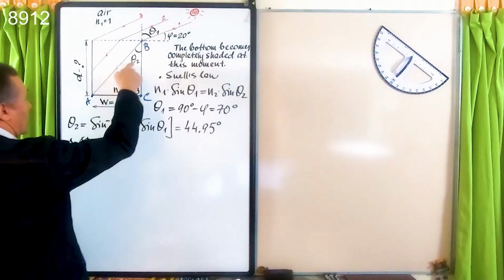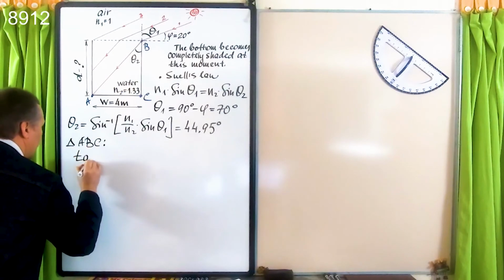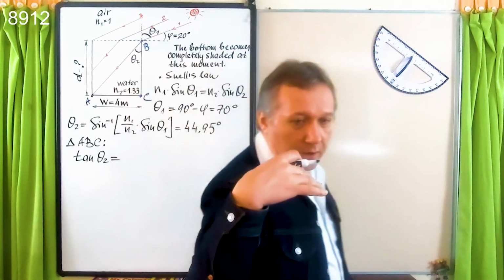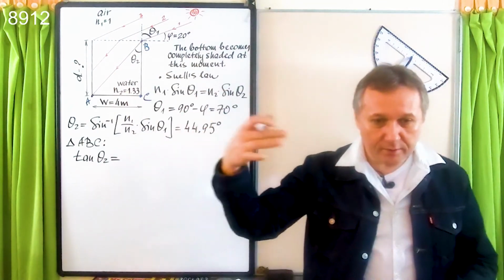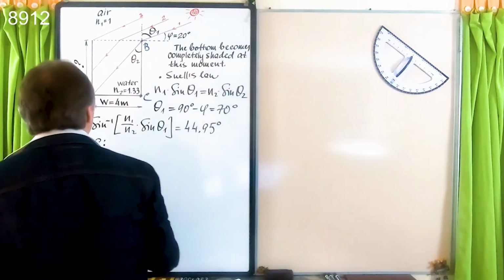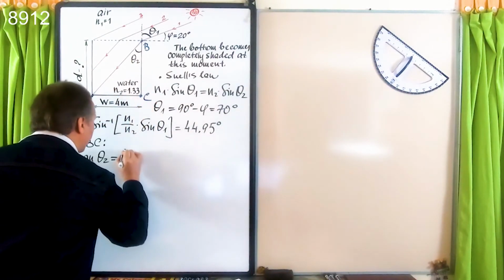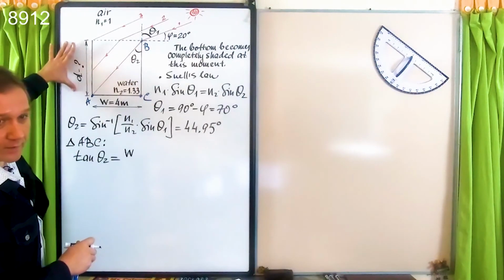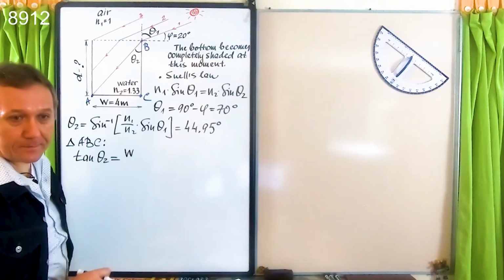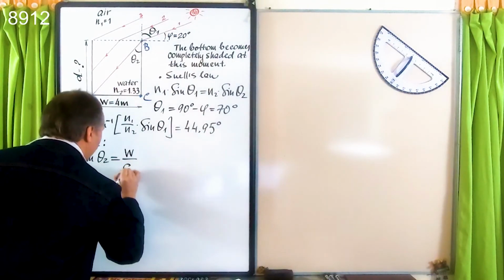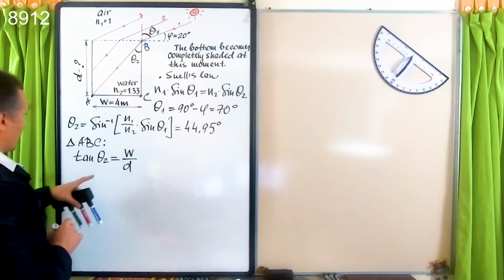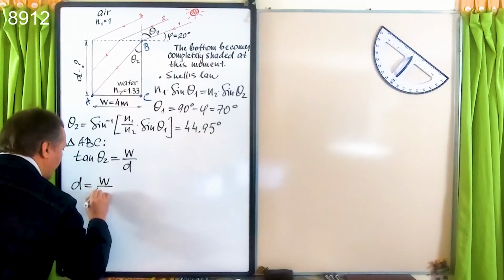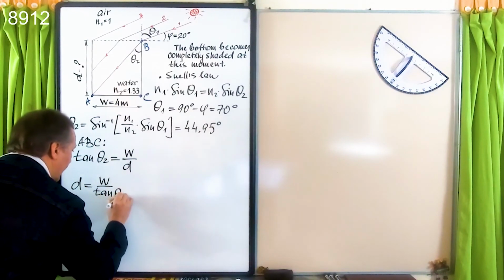I can write that tangent of this angle theta 2 equals, you remember, tangent is the ratio of the opposite side to the adjacent. Opposite is W, the width of the pool, and the adjacent is the depth which we need to find, this depth, BC, so divided by D. So tangent of theta 2 equals W divided by D. We need to find D, so D equals W divided by tangent of theta 2.